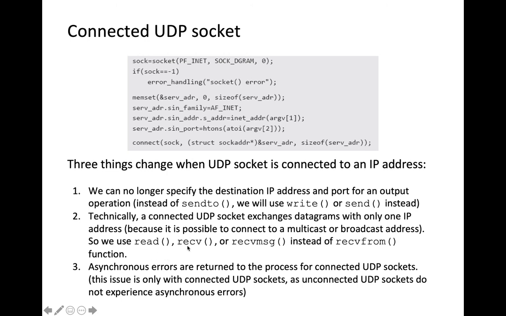You can use read, recv, or recvmsg in that context. But for the connected UDP socket, there can be some asynchronous errors. This issue is only with the connected UDP, since when we have unconnected or connectionless UDP sockets, we don't experience such asynchronous errors.